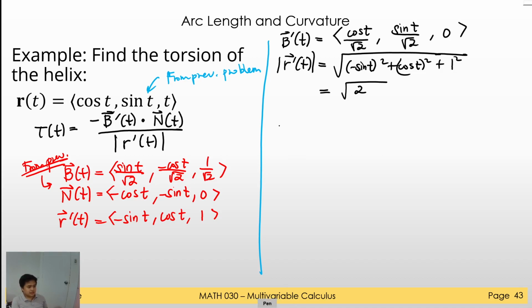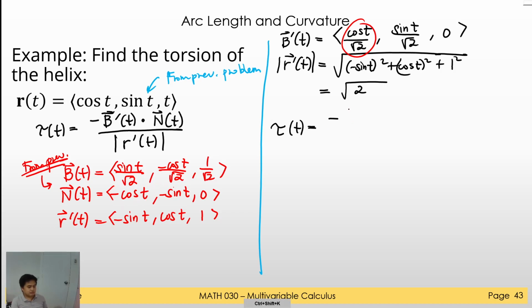So therefore the tau will be equal to the negative of the dot product of these two vectors. The dot product is just the entry-wise multiplication of these two.